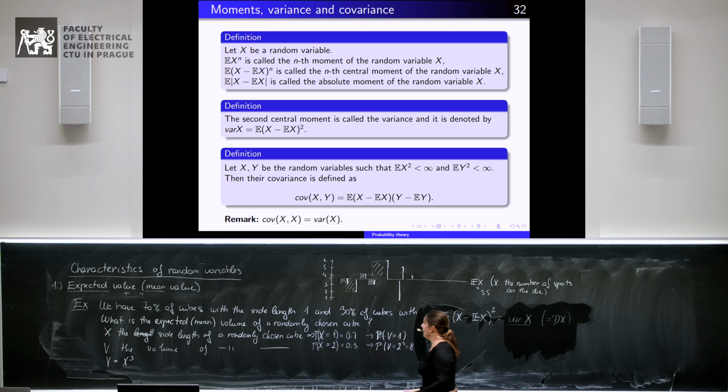For imagination, it is not so natural, but believe me that this characteristic describes how much the random number jumps, how wild it is, as I usually say, and it has very nice properties when working with random variables. So remember the definition of the second characteristic, which is called the variance.